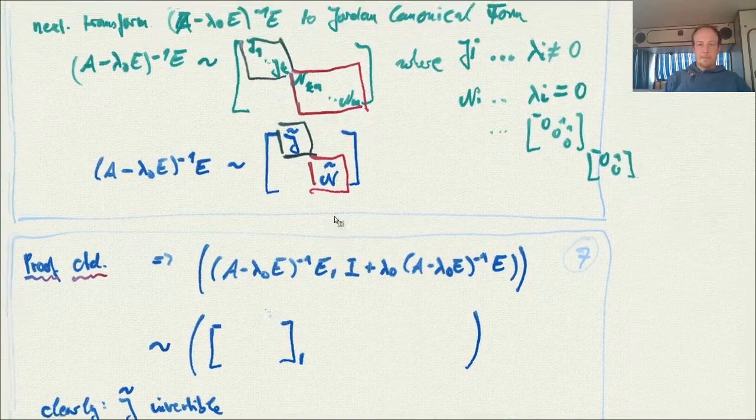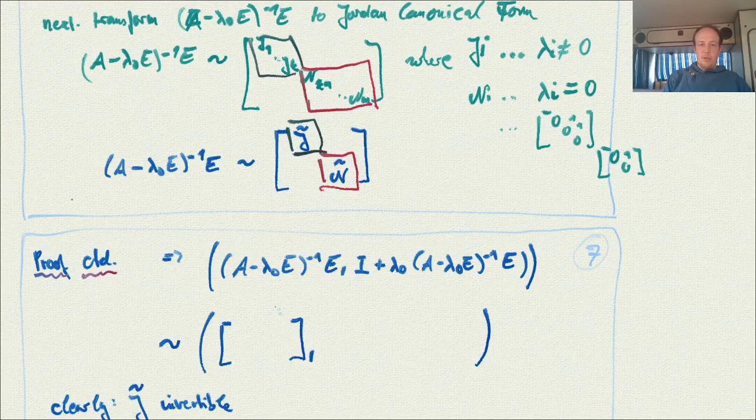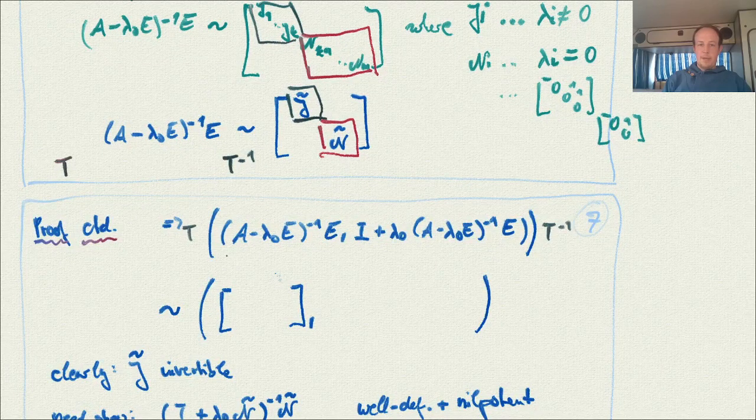So we assume that there was some T from this side and some T to the minus 1 from that side, and of course we can apply this from both sides. Then this gives us this part here, T, this part, T to the minus 1. That's exactly what we did here.